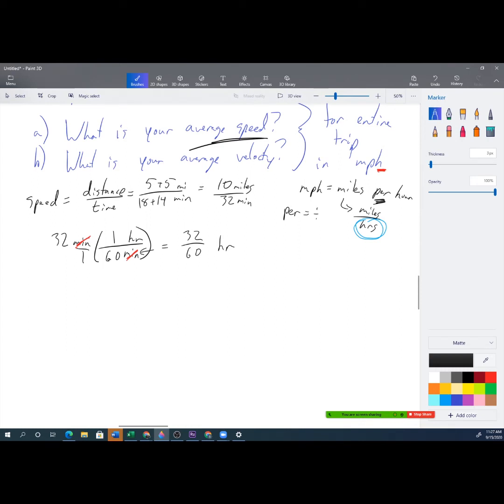So we're not going to do any rounding yet. Now my speed equation, which was 10 miles over 32 minutes, is now a little bit uglier because I have a fraction inside a fraction. But what I like about it is my units now are what I want. They're in miles per hour.